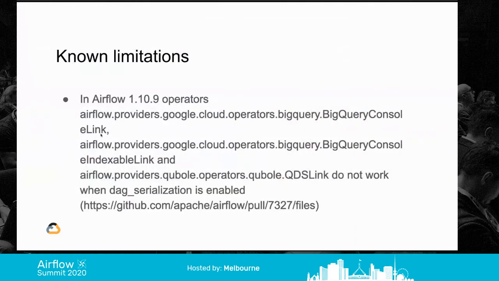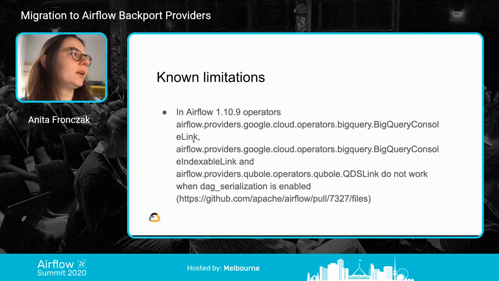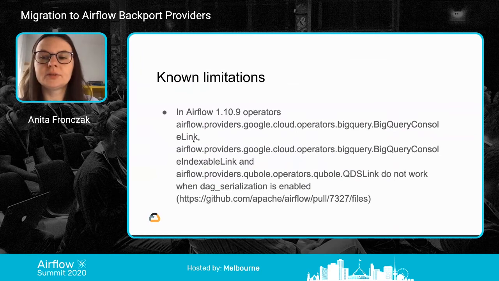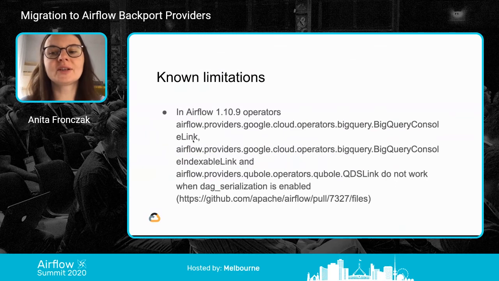There are some limitations to that. As I said, not all providers work smoothly, but we're working on them to work more smoothly. So in Cloud Composer, we are pushing for our customers to turn on DAG serialization.